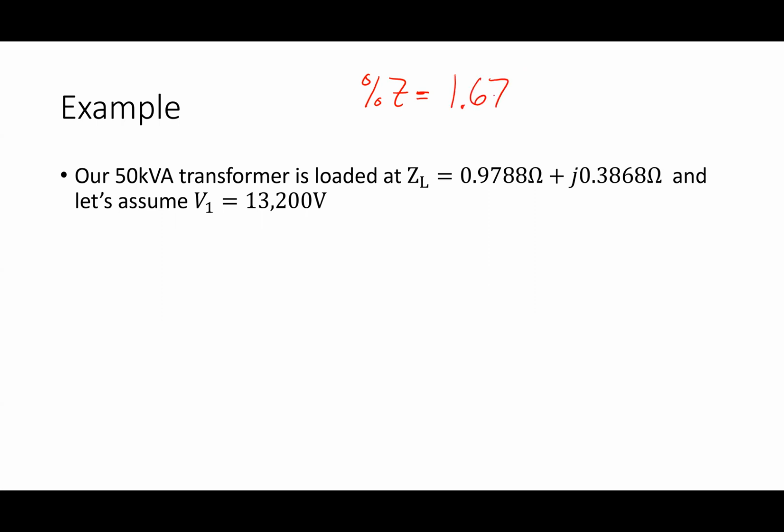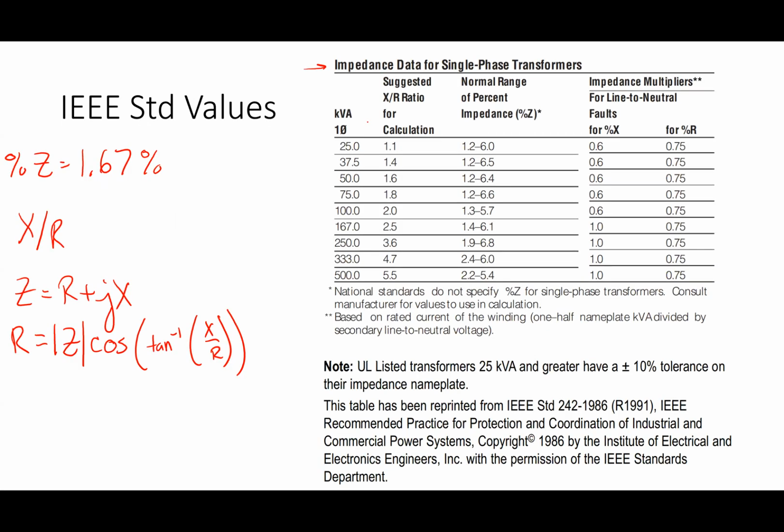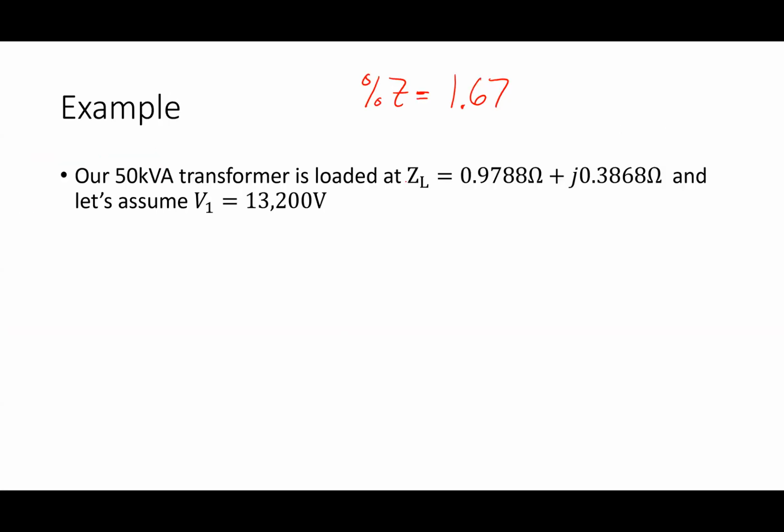And I said I'm going to use this recommended X over R. I'm going to say X over R is 1.6. Okay. And I put this load on it right here.